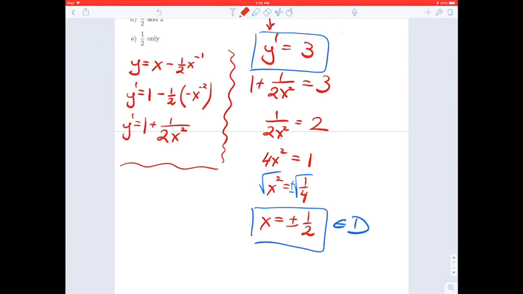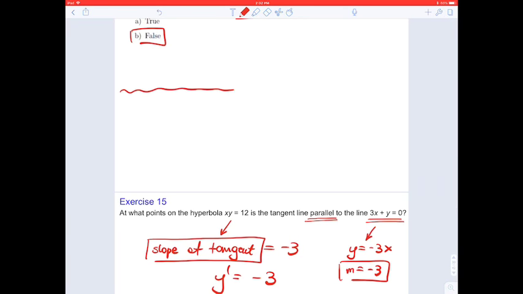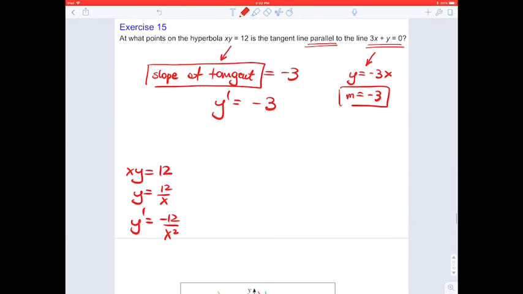X to the negative 1 gives negative x to the negative 2, which is negative 1 over x squared. I can also write this because 1 over x is one of the frequent functions; its derivative with respect to x is negative 1 over x squared. The power rule could be applied.